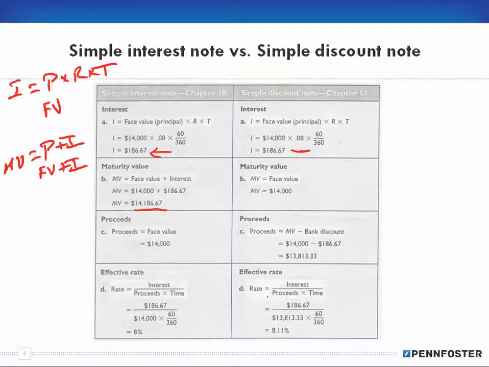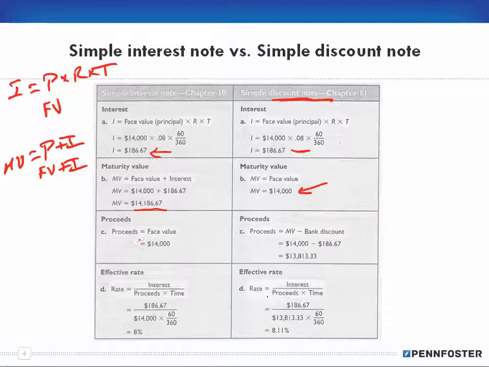But over here for our simple discounted note, notice that our maturity value is only the principal amount, the face value of $14,000. And the reason for that is because it has to be, we're discounting the note, okay? So it's not going to be the same maturity value, right?